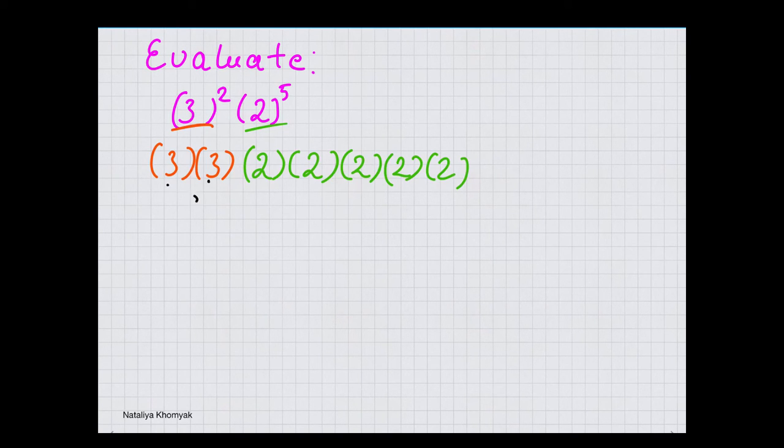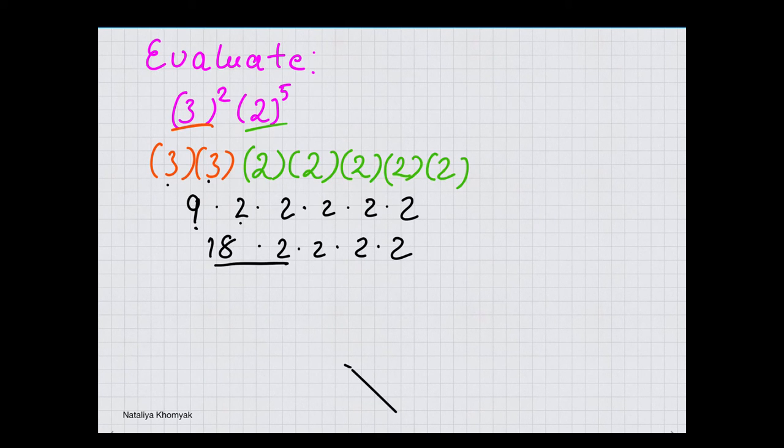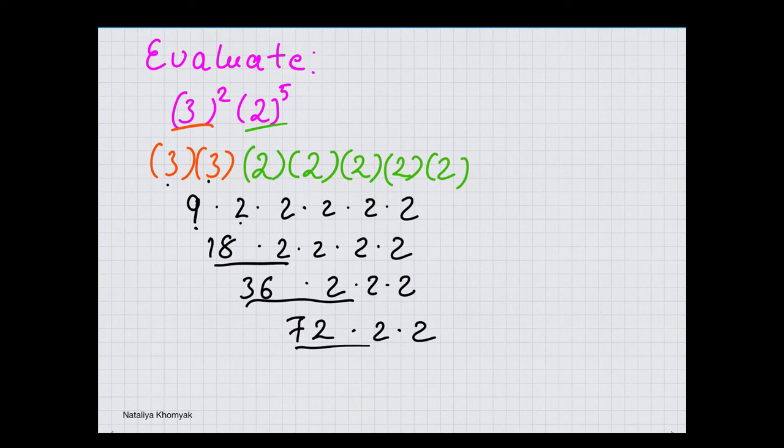3 times 3 is 9 times 2 times 2 times 2 times 2 times 2. 9 times 2, 18, times 2 times 2 times 2 times 2. 18 times 2, 36, times 2 times 2 times 2. 36 times 2 is 72, times 2 times 2. 72 times 2 is 144, times 2.